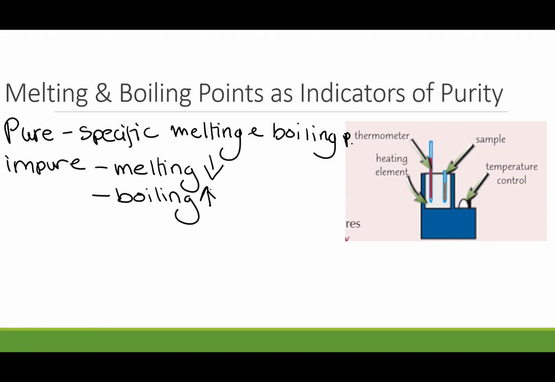If they're very impure, melting and boiling will occur across a wide range of temperatures. So what we can do is test the melting and boiling points to see how pure a product is.